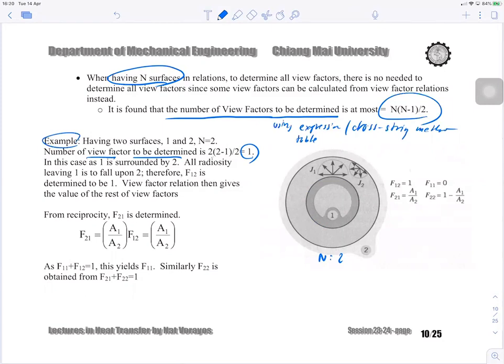For n equal to 2, you have F11, F12, F21, and F22. You don't have to find all four of them from the table or closed-form expression or the crossed-string method. You need to find just one. That's fine. So in this case, intuition comes in.